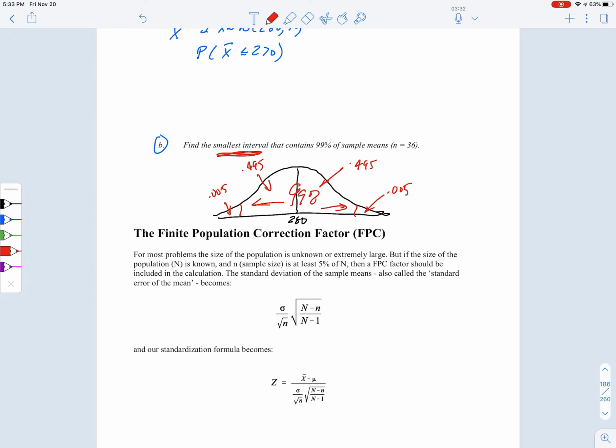So you want to find out what are those two values. Let's call them x bar 1 and x bar 2. And see if you can figure out what those are. Now, I haven't actually given us a lot of space here, so we're going to have to fill in some spots there. Anyways, I'm going to leave that one for homework, and I would like to leave it at this point.